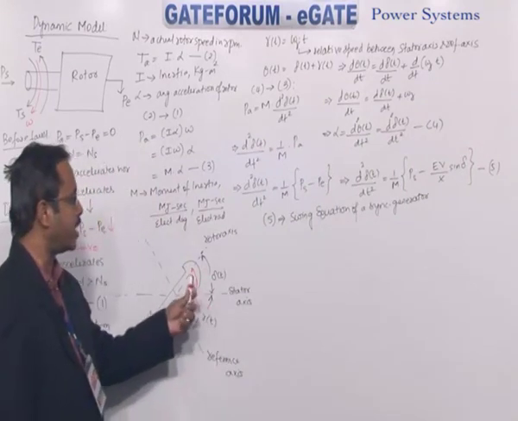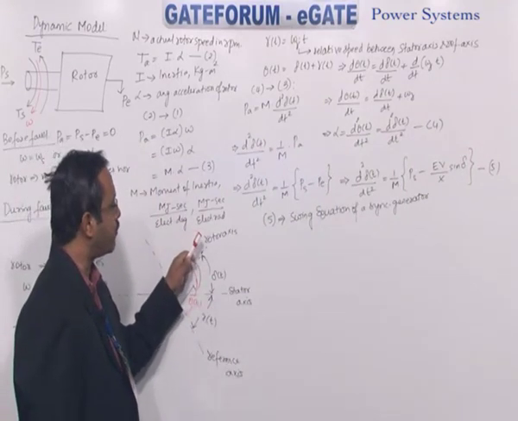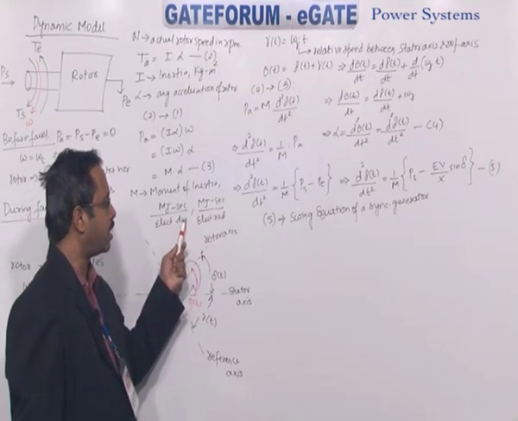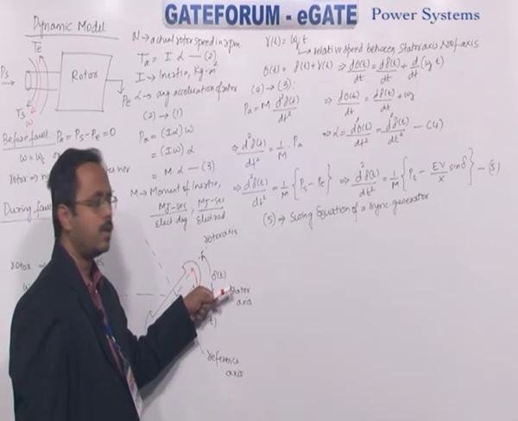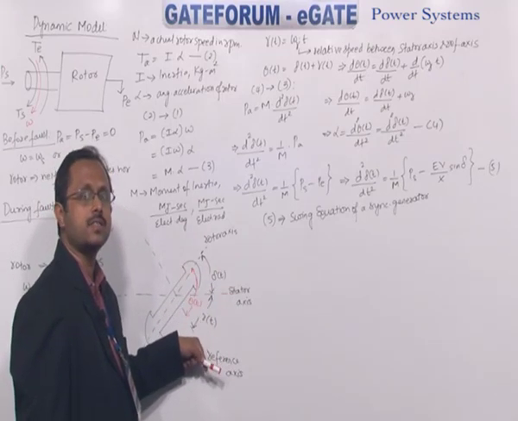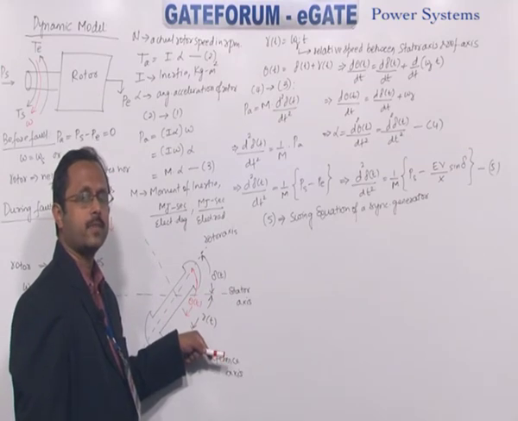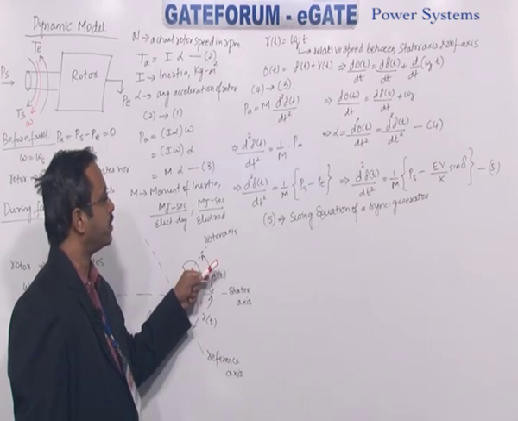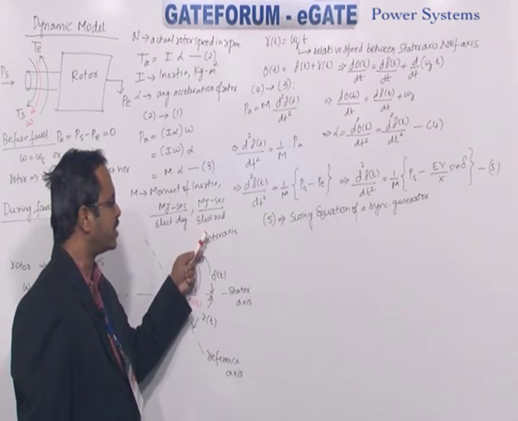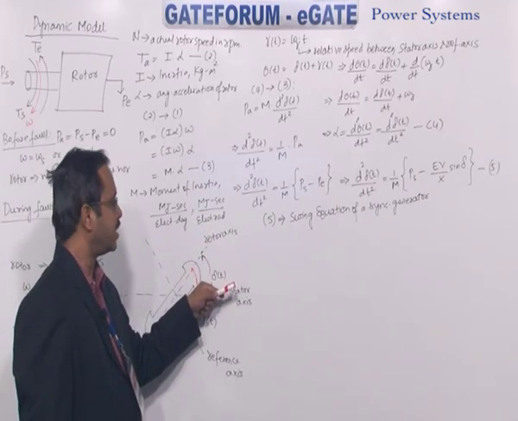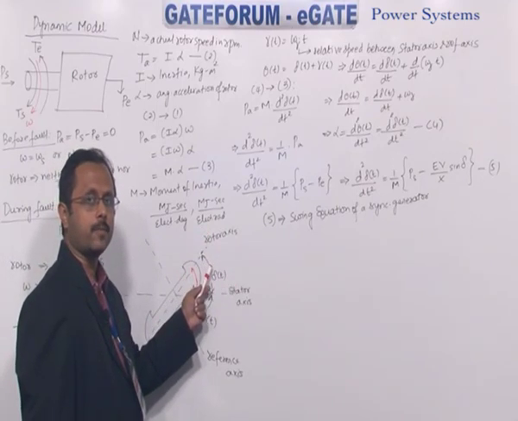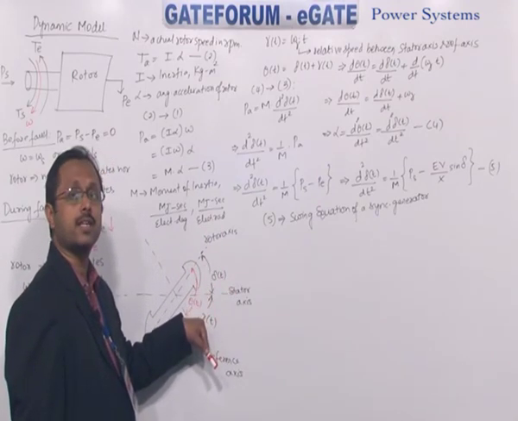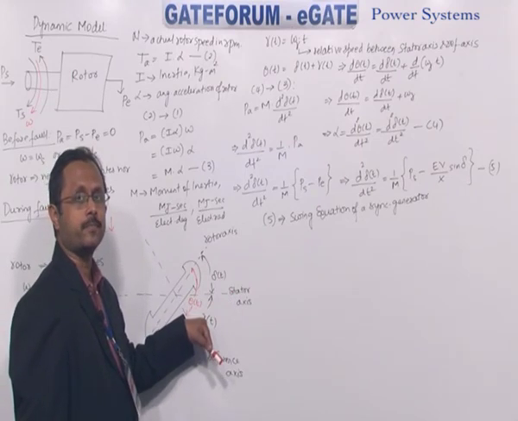As the load demand changes, the position of the rotor with respect to the stator changes, that is, delta changes, but the position of the stator with respect to the reference axis does not change.